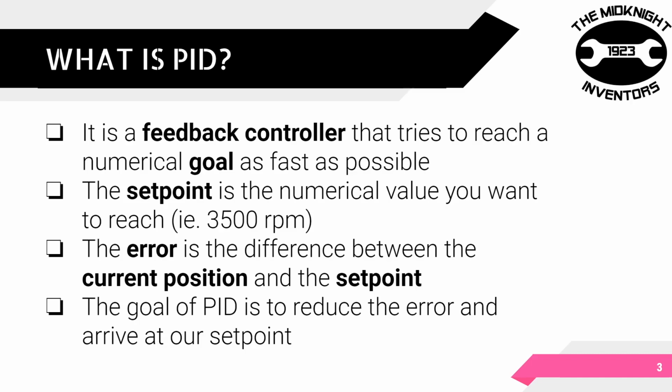Now, the reason why PID is so important is because previously we worked with percent output. And the issue with percent output is that it's not super precise at reaching an exact numerical value at which you want to actuate your subsystems.